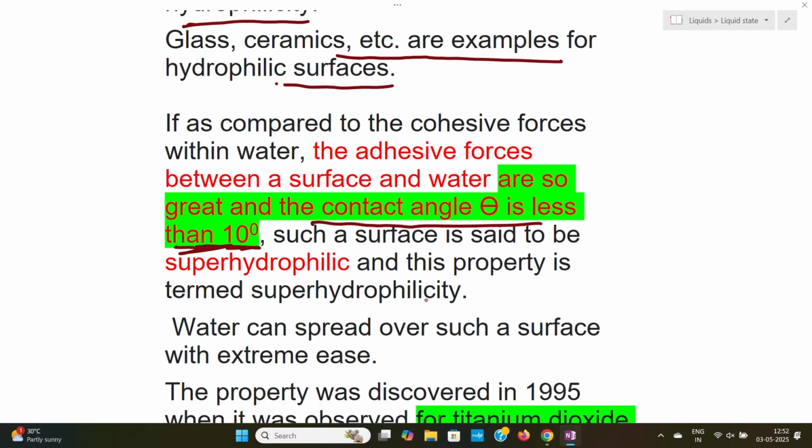So the definition of superhydrophilicity: when the adhesive forces between the water and the solid surfaces are so great and the contact angle is less than 10 degrees, then such surfaces are said to be superhydrophilic surfaces, and the property is termed as superhydrophilicity.